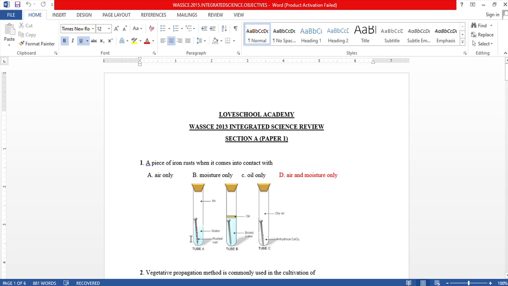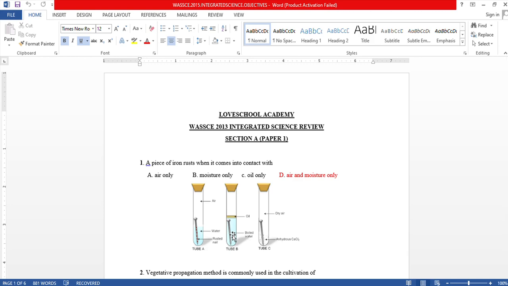So first, you have a nail dipped into water, and then there will be air here, although there is a stopper around here. Now over here too, you have boiled water. The reason why boiled water is used here is that when you boil water, the air dissolved in it is removed.